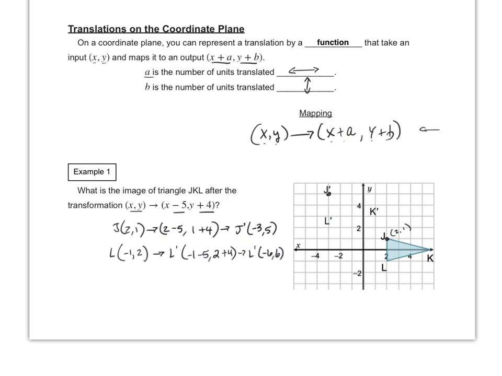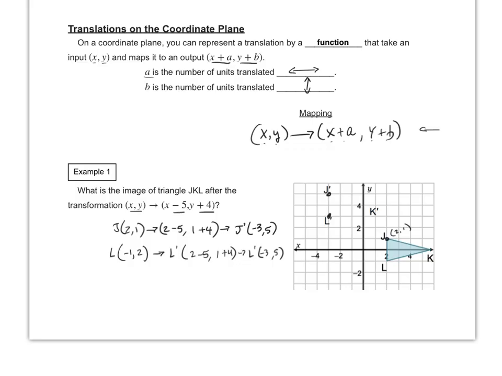Does that seem right? Absolutely not, because I did my math wrong. You see what I did right here? I switched my x and my y's. Remember, my x coordinate is actually 2. 2 minus 5 is -3, and my y value is 1 plus 4 is 5. So everybody makes mistakes. It didn't seem logical, so I went ahead and checked it, and there we have it.